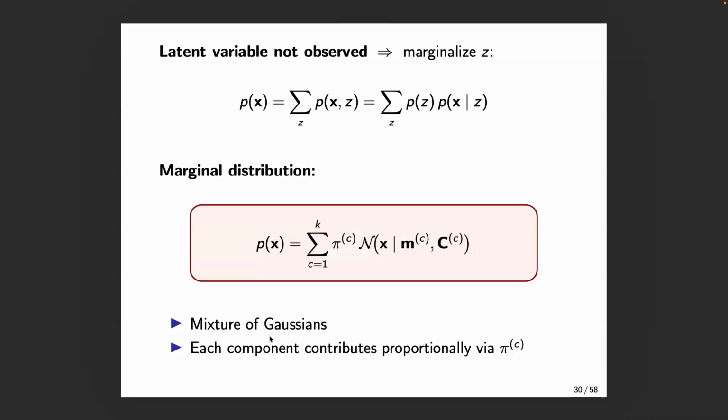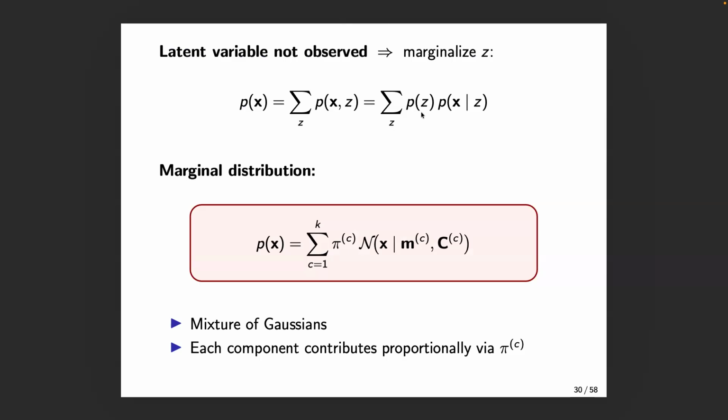In reality, we don't know anything about the latent variable, right? So what we can do is marginalize over this latent variable, meaning that we are going to sum up over all possible values of z. Our random variable z is a discrete random variable. It's a binary vector.